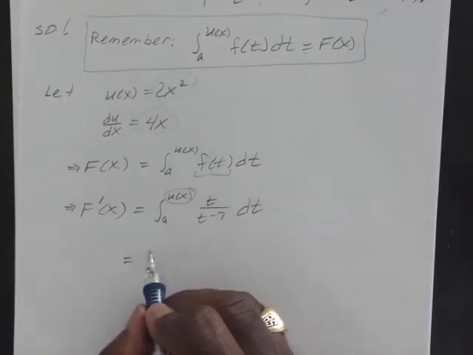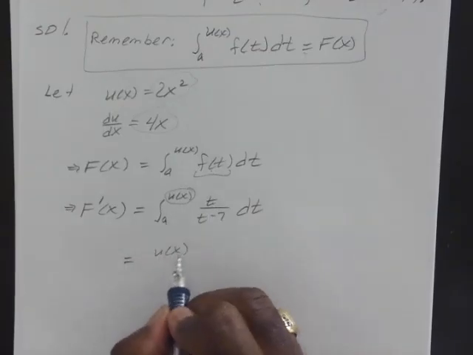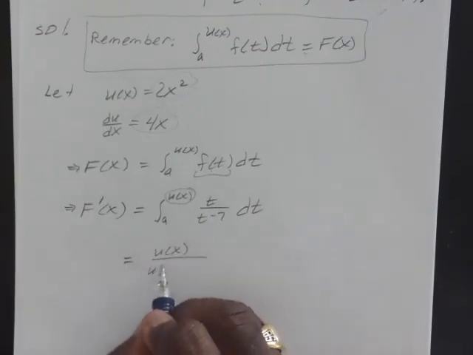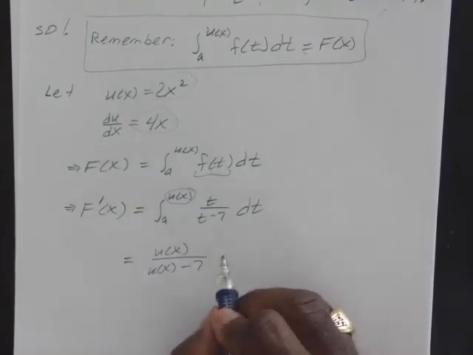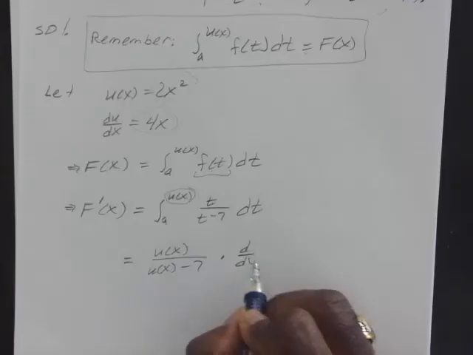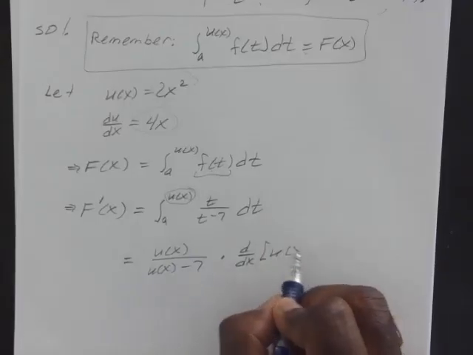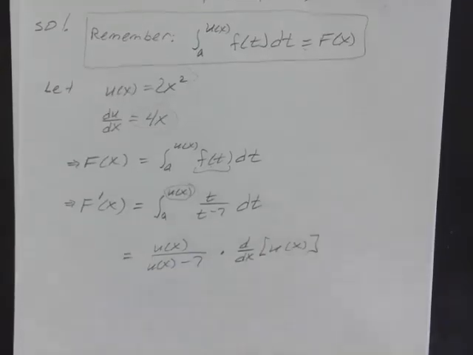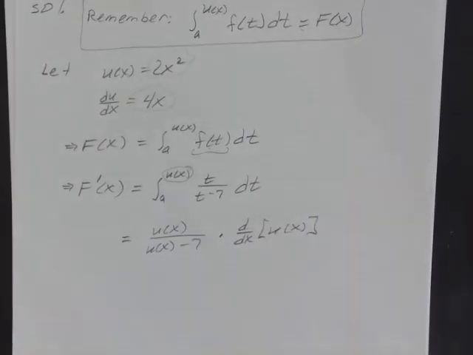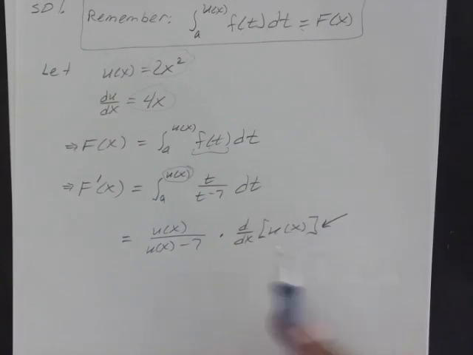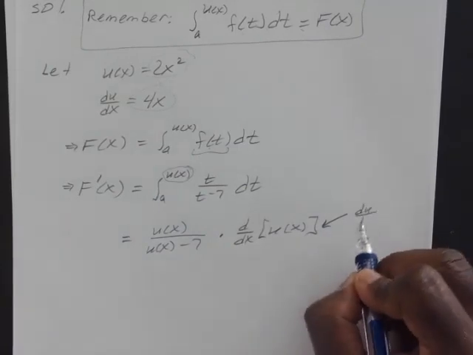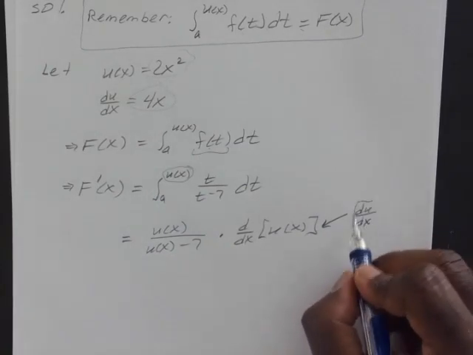Okay, so this integral would just be u of x divided by u of x minus 7 times the derivative of your u of x. Now this is just your du dx in another notation.